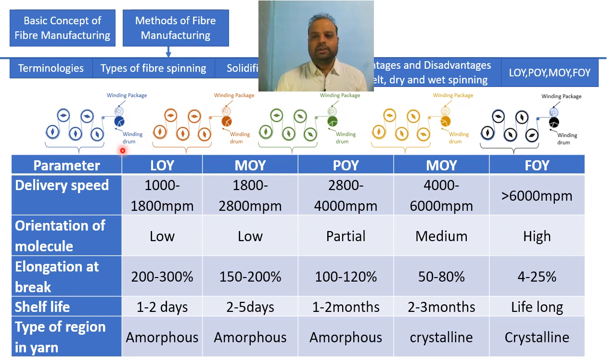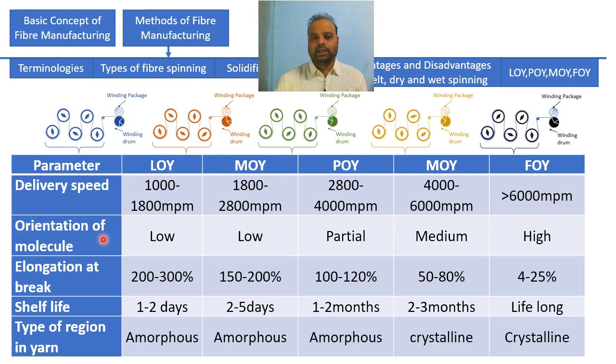Based on the delivery speed, LOY requires 1000 to 1800 meters per minute, MOY requires 1800 to 2800 meters per minute, 2800 to 4000 meters per minute is required for POY, HOY requires 4000 to 6000 meters per minute winding speed, and FOY requires greater than 6000 meters per minute to produce these types of yarn.